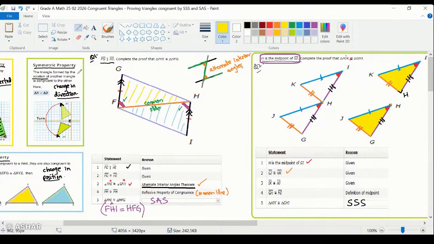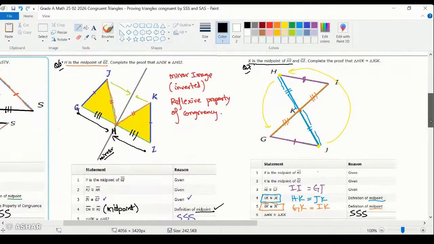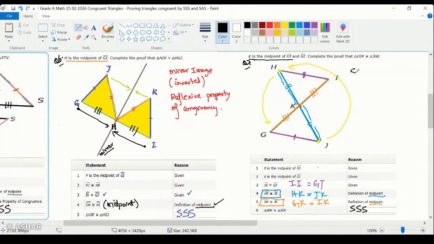Whenever there is a spin, I'll write spin over here, we say it is the symmetric property of congruency, because we have the option, it is spinning, it's not a reflection, it's not a mirror image, it's being spun.